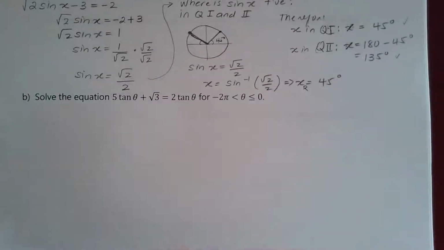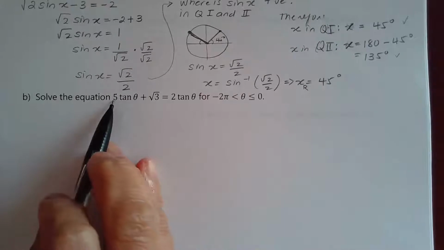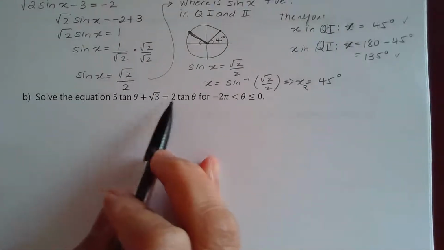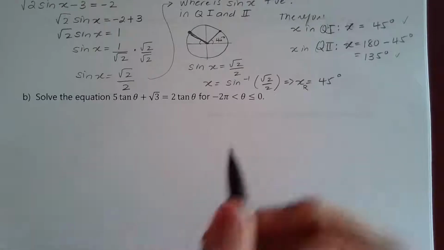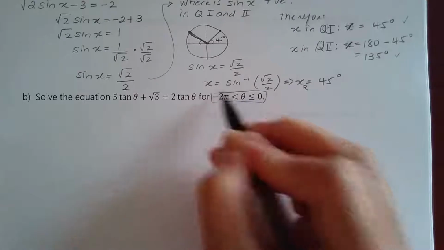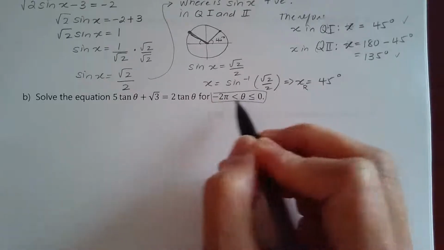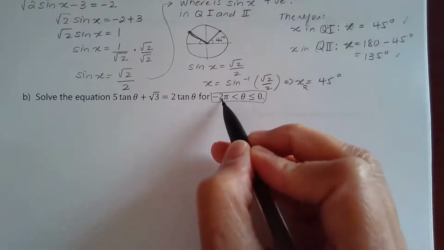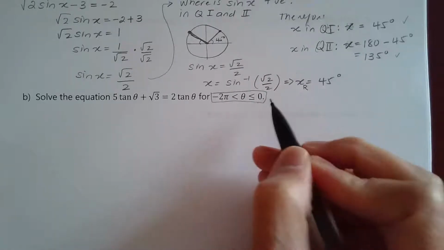Solve the equation 5 tan theta plus root of 3 equals 2 tan theta. And what are we seeing here? We're looking at the angle in radians, but the radian angle is from -2 pi to 0.